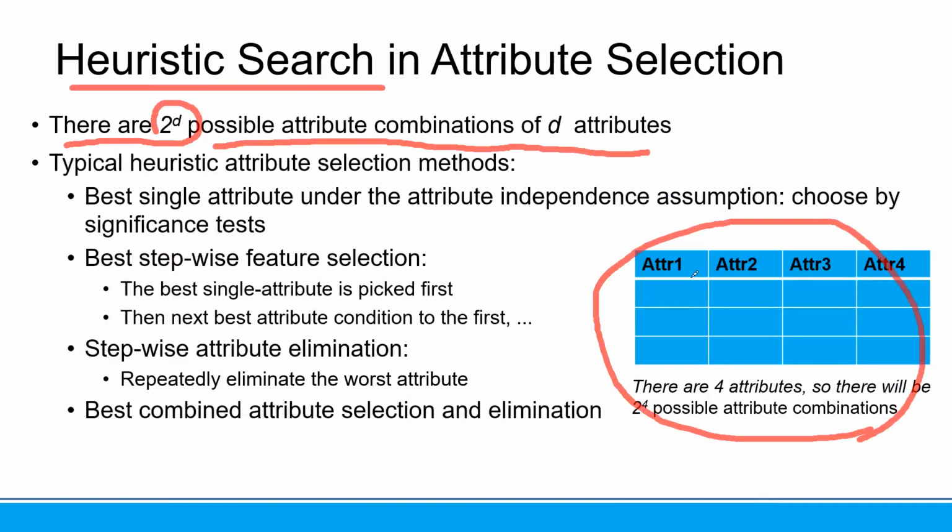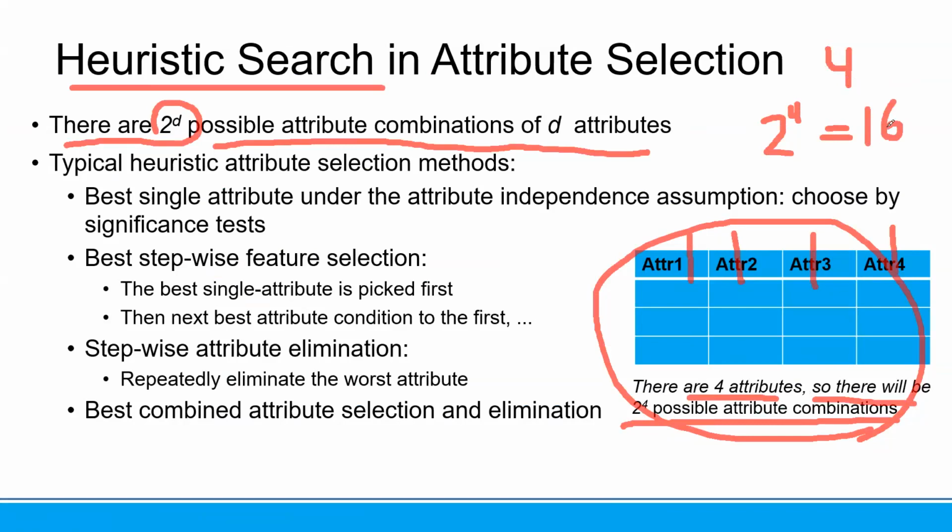I have 4 attributes, so there will be 2 power of 4 possible attribute combinations. It will be 16 combinations.